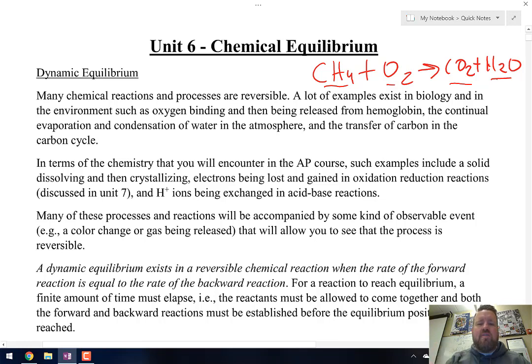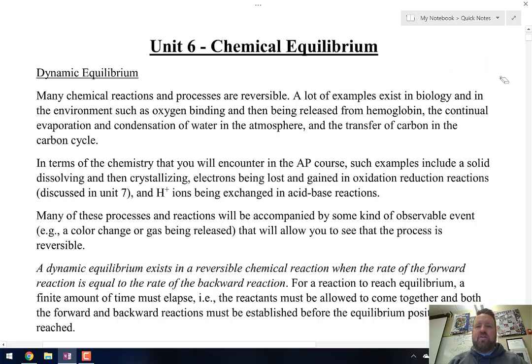However, there are a lot of reactions where, as the products begin to form, the products will actually react with themselves to reform the reactants. For example, in the case of a weak acid such as HF, when you put hydrogen fluoride into water, it dissociates to a very small extent into H+ and F-.